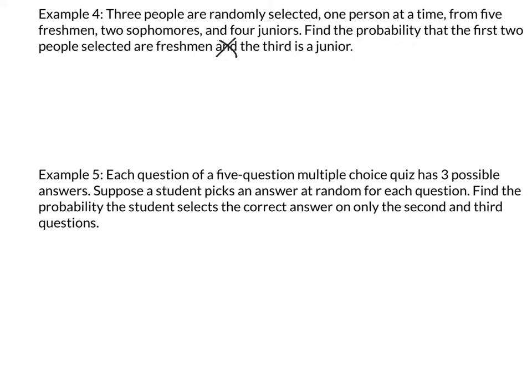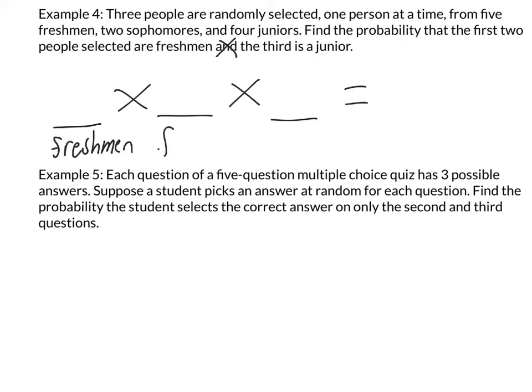We said 3 people were selected, so I'm going to draw 3 underlines. With multiplication, we know whenever we're selecting 2 or more, we multiply. And I'm going to label my underlines. They want the first 2 people to be freshmen and the third person to be a junior.